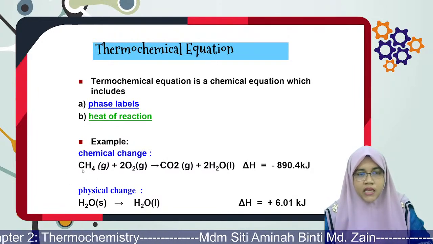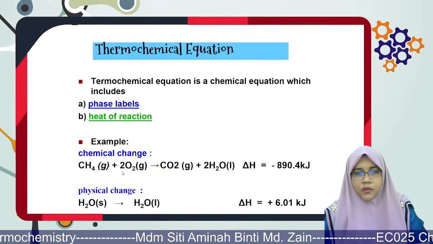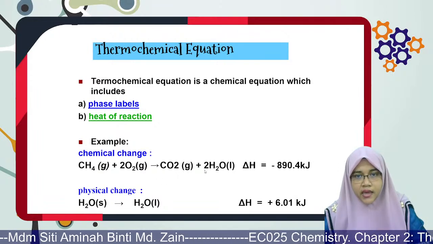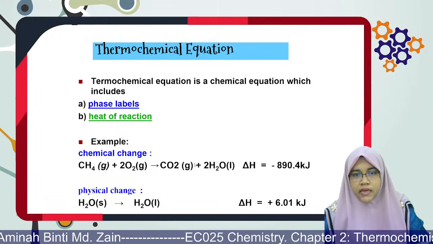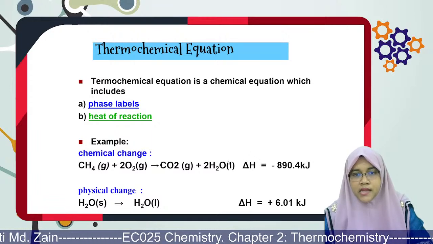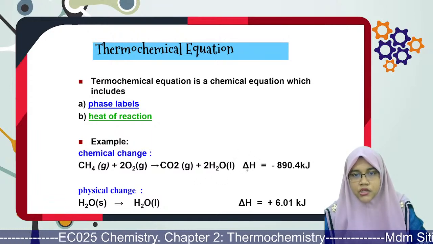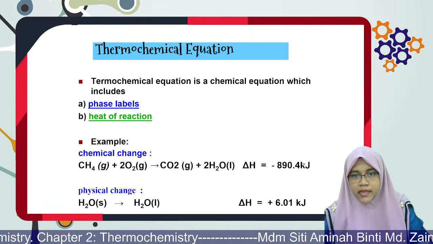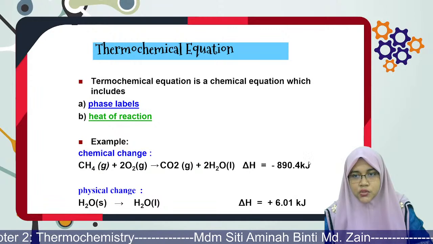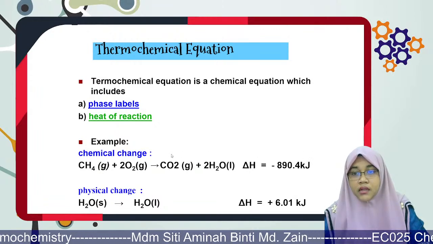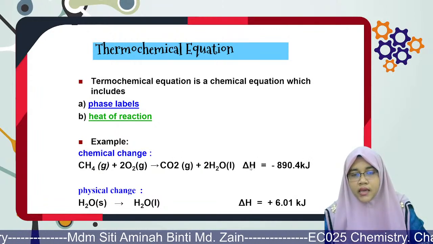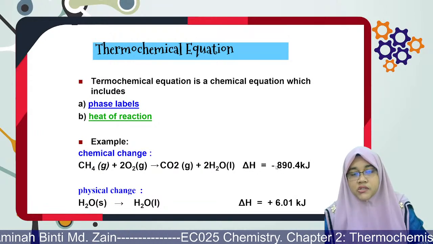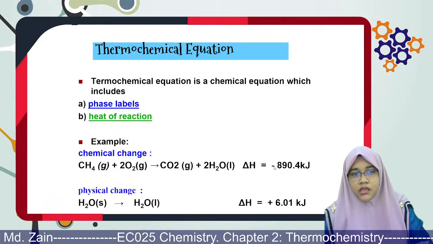We have CH4 gas reacting with 2O2 gas, so here we have the phases, and then to form carbon dioxide and water. Besides this chemical equation, we put delta H so that this set of chemical change we call a thermochemical equation. Without delta H it is only a chemical equation, but with delta H it is known as a thermochemical equation.